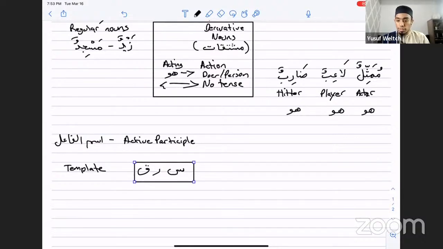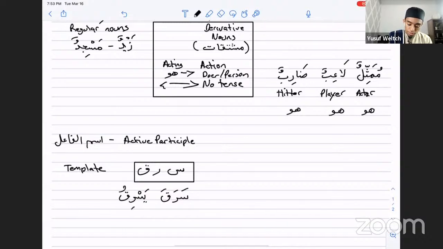It means to steal. So the root letters sin, ra, qa mean to steal. If I put it in a verb form, saraqa, and in the present tense it would be yasriqu. This means he stole, or he will steal.